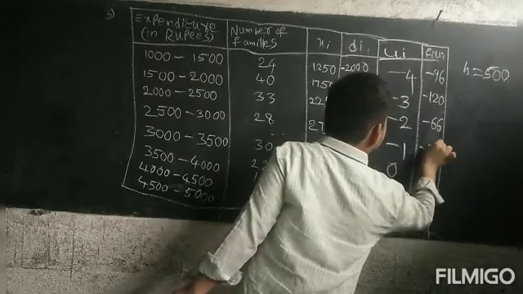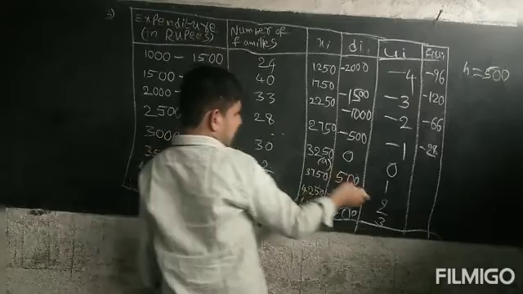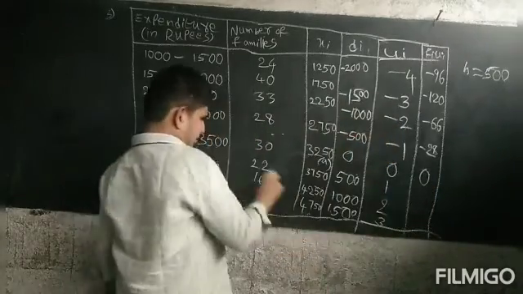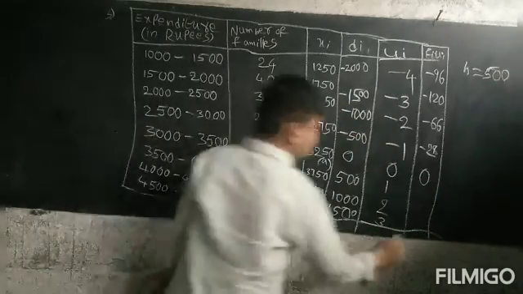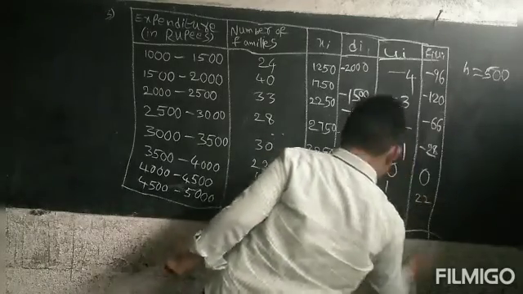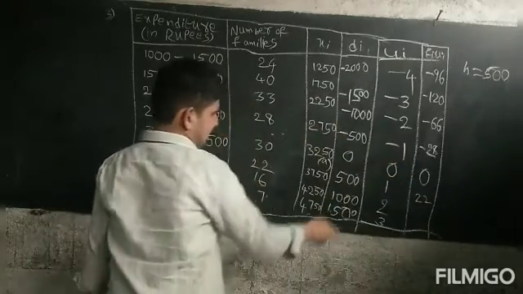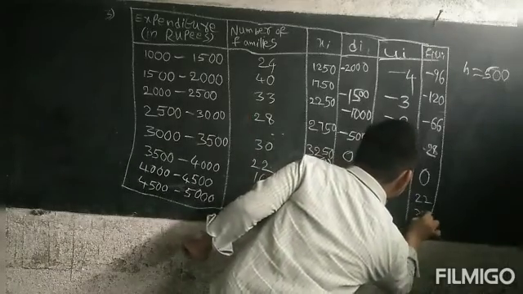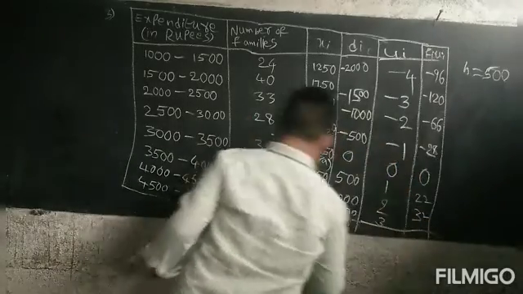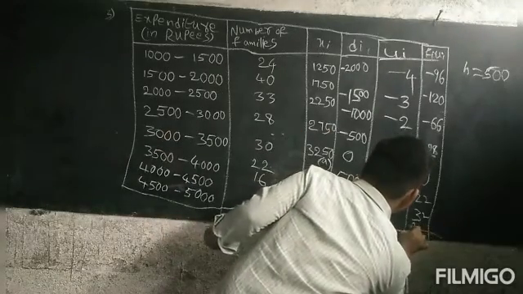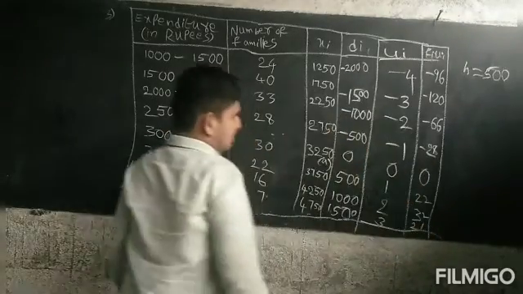Now that is 0. Now 22 times 1, 22. Now 16 times 2, 32. Now 7 times 3, 21.